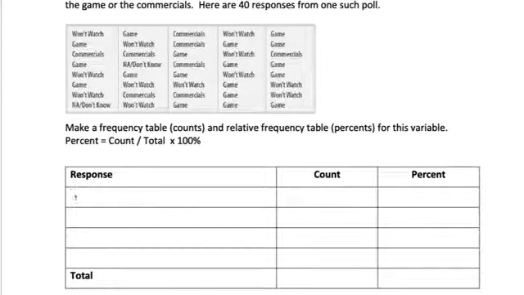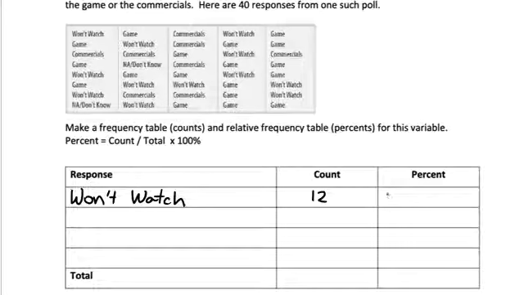So what I'm going to do is list all of the different responses and the number of people that responded with each. One response is that they wouldn't watch. If I count up the number of people who said that they wouldn't watch the game, I get a total of 1, 2, 3, 4, 5, 6, 7, 8, 9, 10, 11, 12.